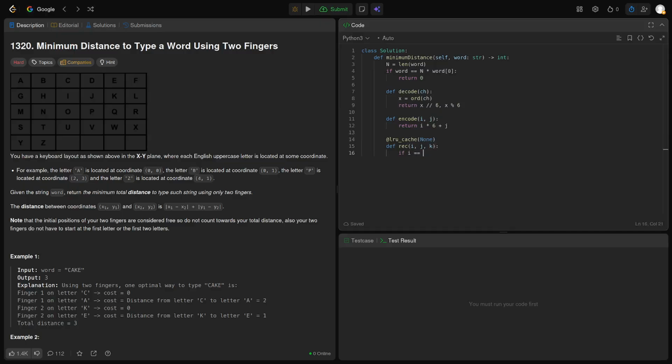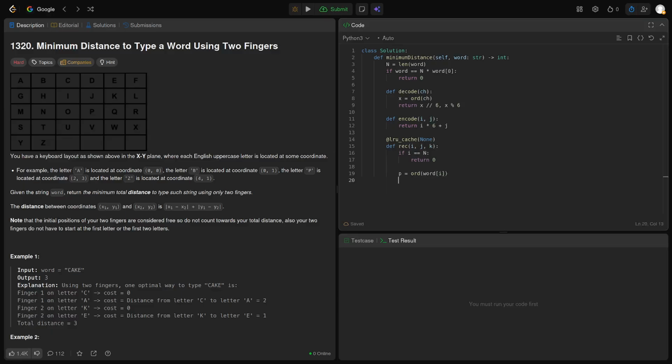Okay, then we return 0 because we don't need to type anything, right? And otherwise, we want to type that letter such that we have fingers at J, K. So we want the ord of word[i], right?